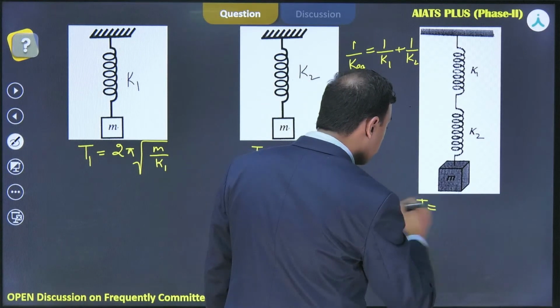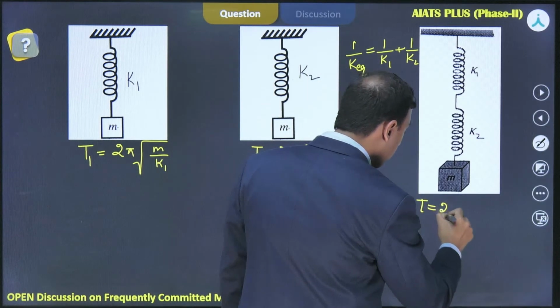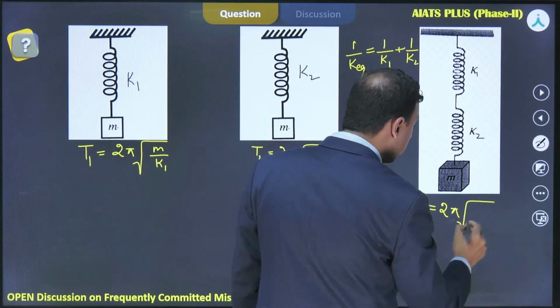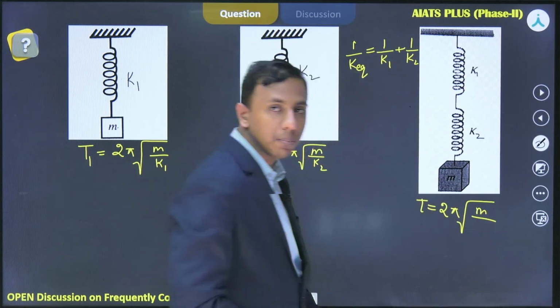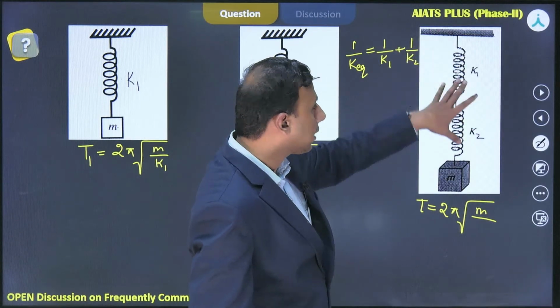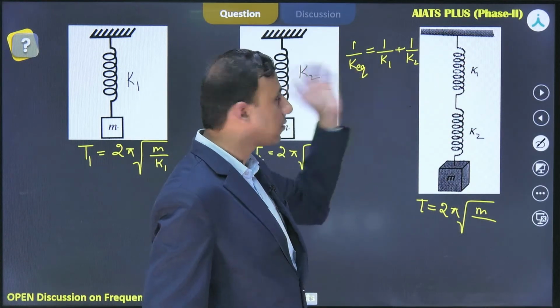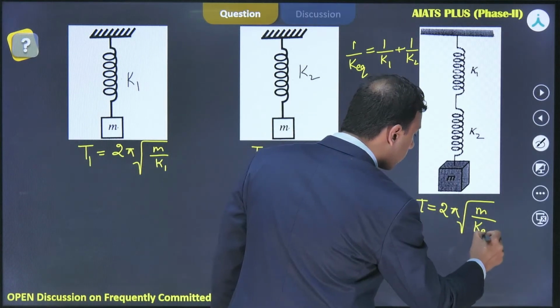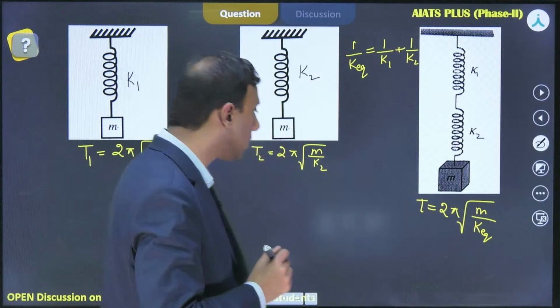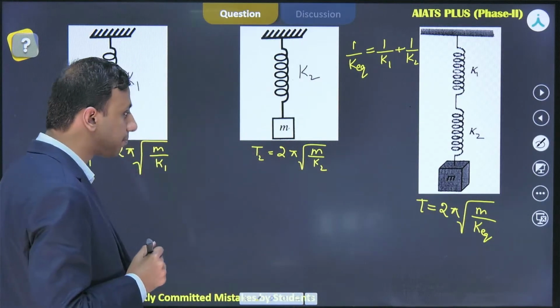So time period here, let's say t, 2 pi under root m, obviously only one mass is there, m, and in place of this whole spring, we can connect it with an equivalent spring of spring constant k equivalent, right? So m by k equivalent, okay, m by k equivalent.